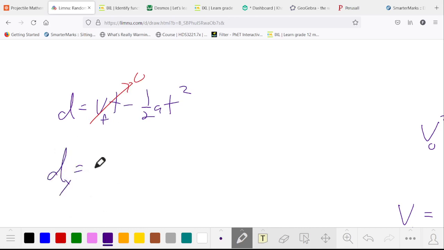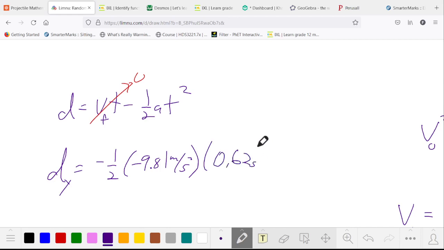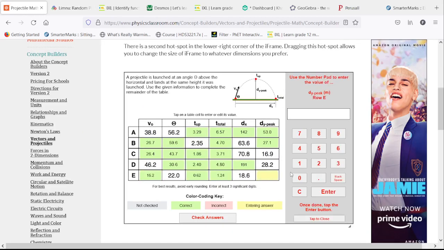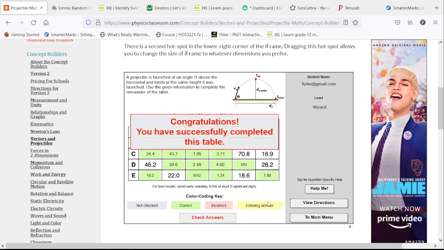So the distance to the y at the peak is a negative 1/2 times negative 9.81 meters per second squared times 0.62 seconds squared. Or 1.88 meters. And that completes the table.